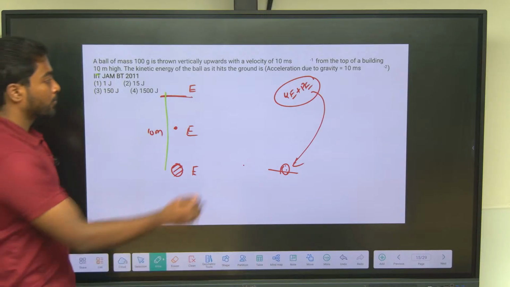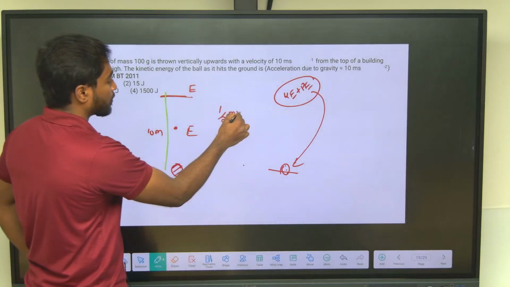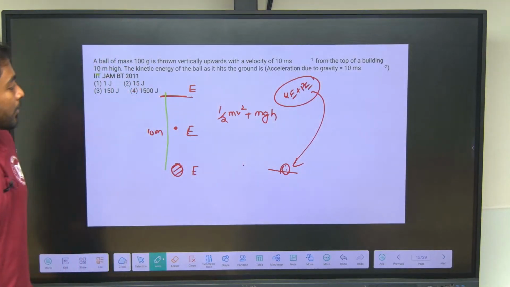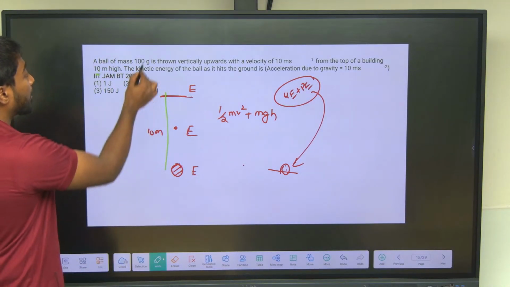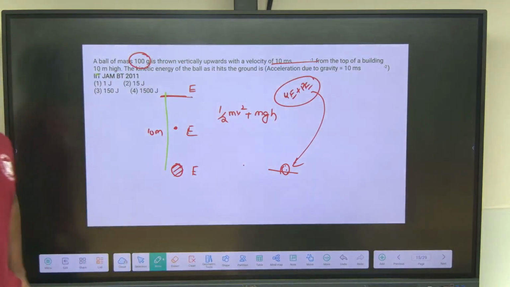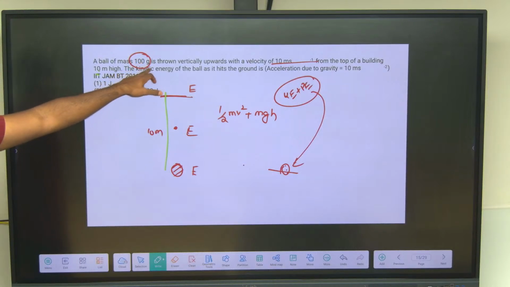Half mv square plus mgh. Mass is also given, and I should convert everything into SI units. That is the main thing. 100 gram is 0.1 kg, no?